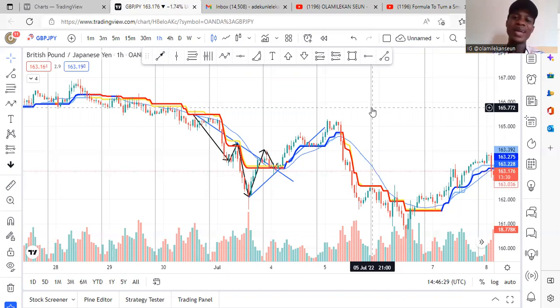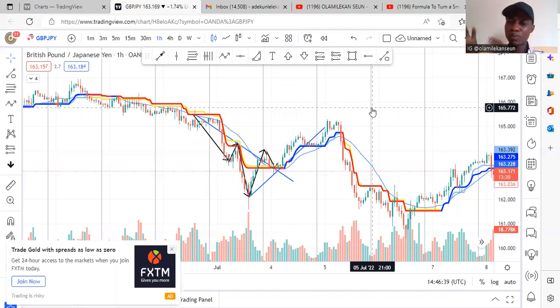Once you're able to identify the pattern in the market, wait for your confirmation and then take the trade. Let the trade play out itself. Don't force the market. Just let the market play out.